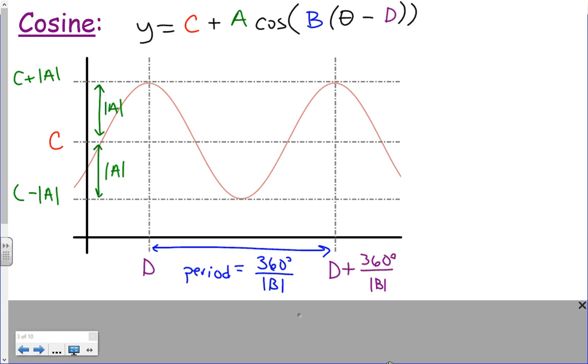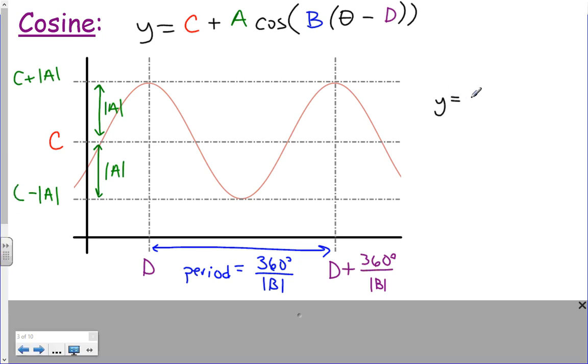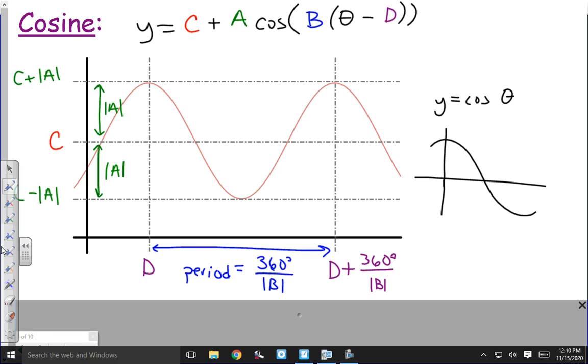Now the reason why d is the location of our high point, go back to the parent function, y equals the cosine of theta, and consider what's happening right at the y-axis there for our cosine function. The cosine function is doing something like this, and in particular, right at x equals 0, that's where this function hits its high point.